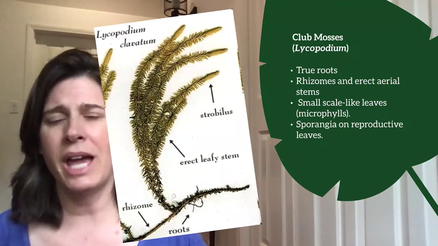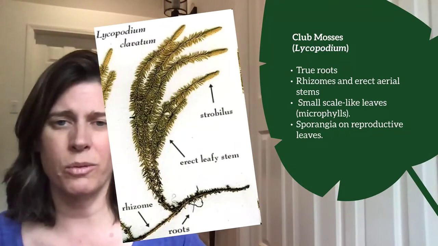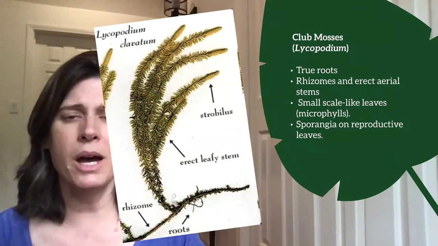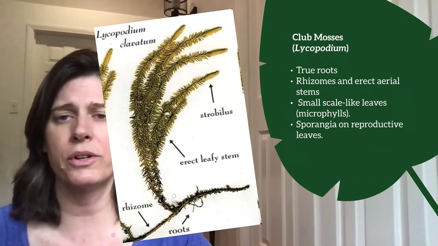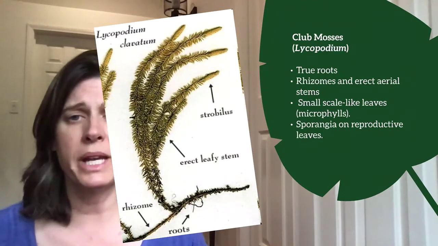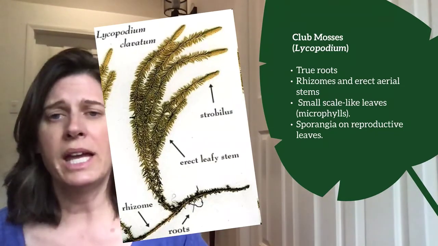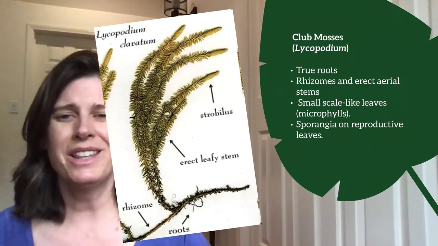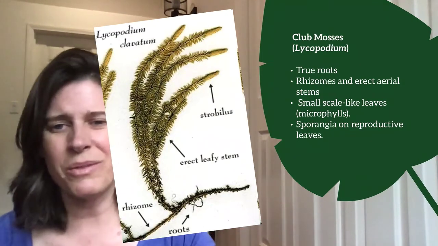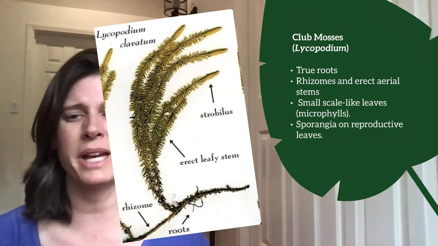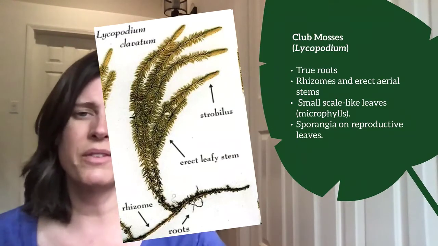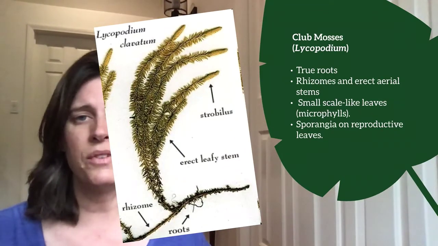But as happens a lot with organisms, many times the common name just adds to the confusion for its classification. Because these plants are not mosses and they're not pine trees, right? They're in a group all by themselves, but because they have some similarities to those two plants, the common name develops that way. That's why we have scientific names though.